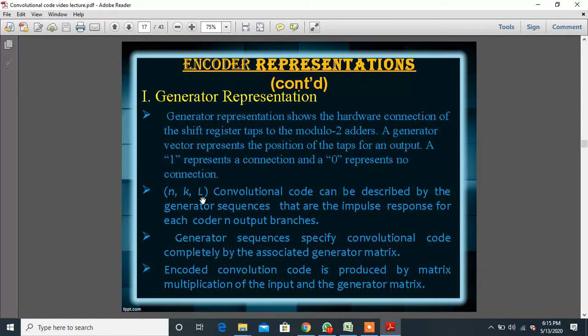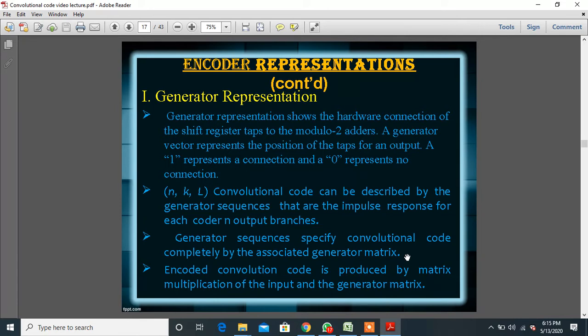Next point: an (n, k, L) convolution code can be described by the generator sequences, that are the impulse response for each coder and output branches. We will discuss it. Generator sequences specify the convolution code completely by the associated generator matrix.